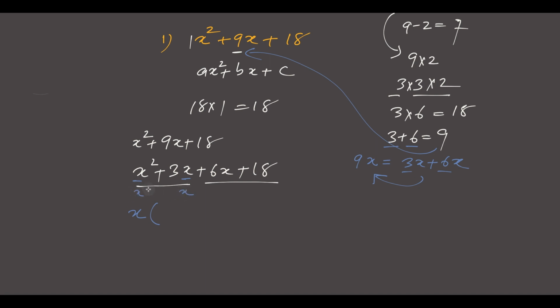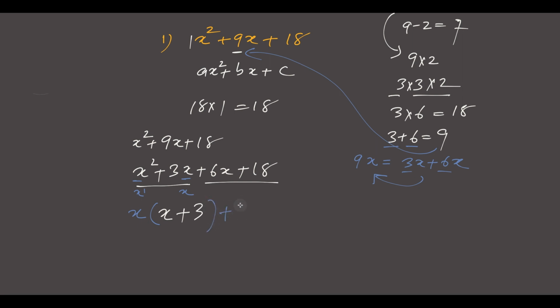Dividing x square by x, we subtract the powers: 2 minus 1 is 1, so x is remaining. The plus sign stays the same. Now 3x divided by x, x is cancelled, and it is going to be 3. Now we close the bracket.